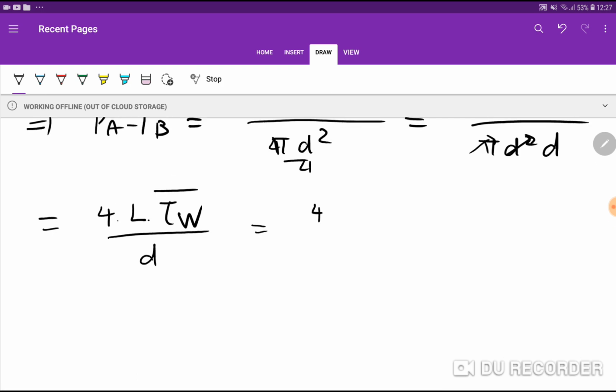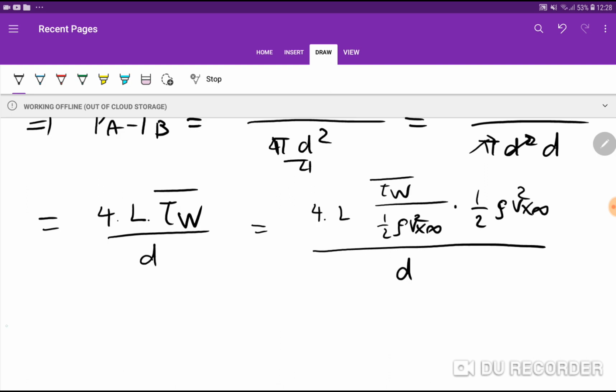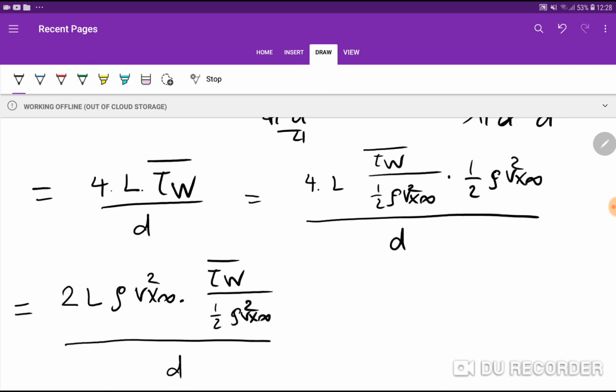So if you want to use that, you have to make sure that average tau over 1/2 rho Vx infinity squared appears. This term appears, and you have to return it by multiplying it: divide by a number, times it by the same number to return. Okay, so let's go ahead and simplify it. So it's 2L rho Vx infinity squared times average shear stress over 1/2 rho Vx infinity squared over D, right?